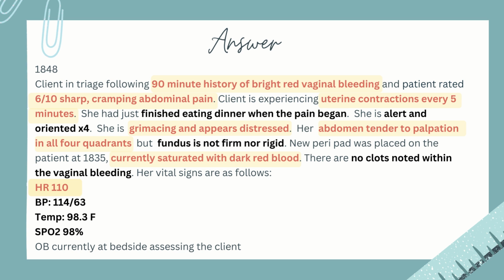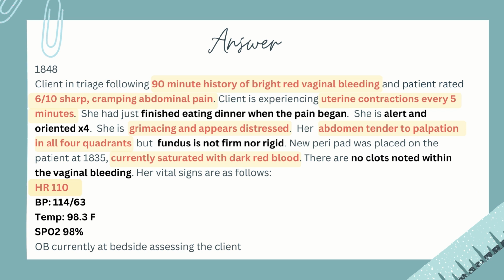And important to note here, an abruption frequently will occur in laboring patients. Now, a couple distractors. She just finished having dinner with her husband. Does that have anything to do with the onset of an abruption? Nope. She's awake, alert, oriented times 4. That's great news, right? Absolutely. But doesn't indicate an abruption.